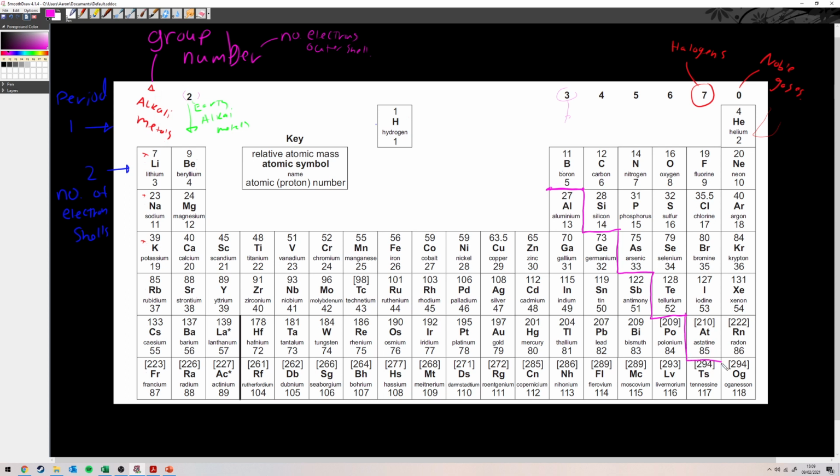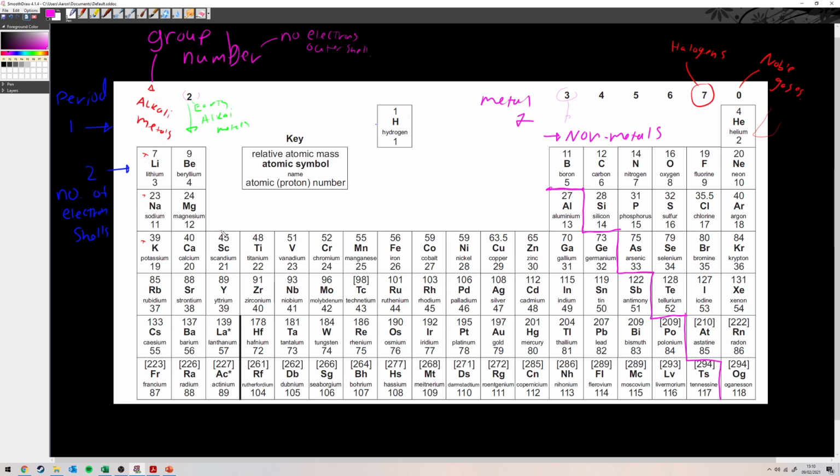Right. This is the boundary between the metals and non-metals. So everything this side of the boundary are non-metals. So that means boron, carbon, oxygen, silicon, phosphorus, sulfur, chlorine, etc. These are all non-metals. Everything on this side are metals.